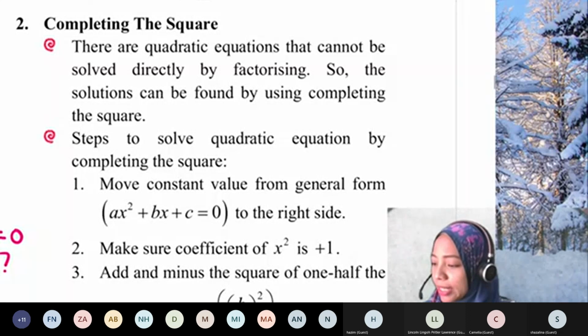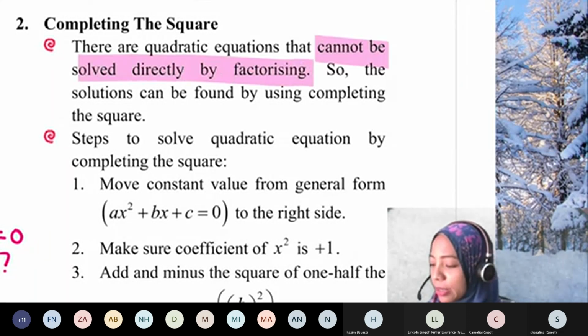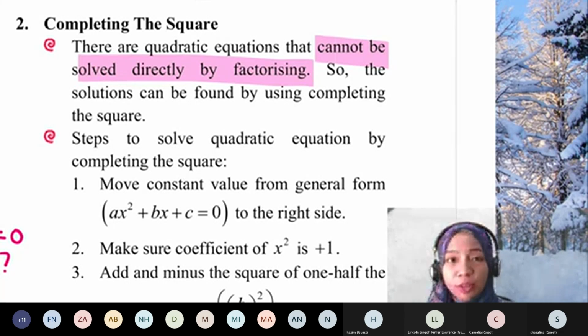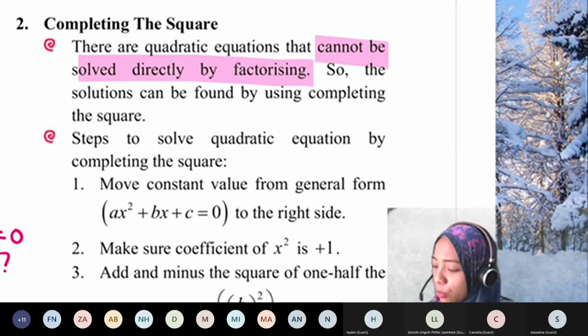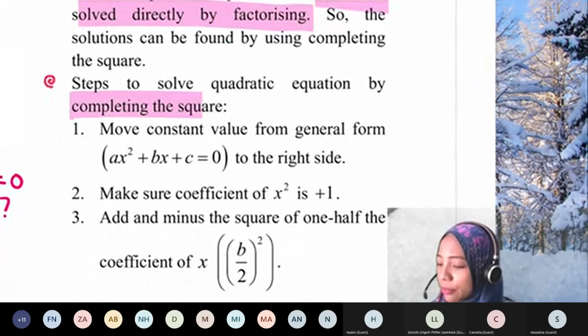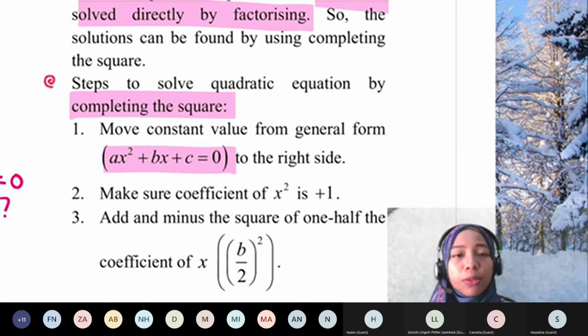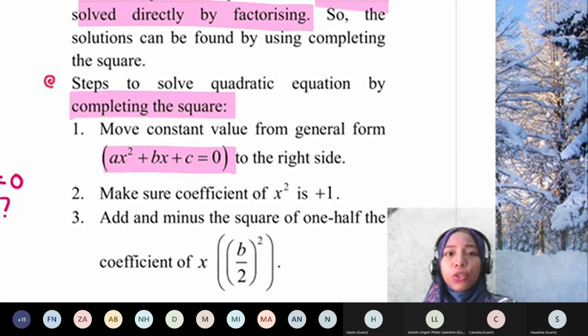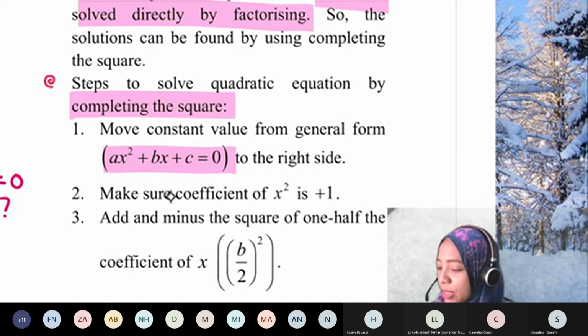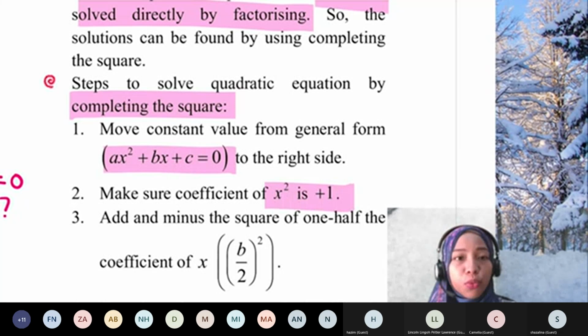Because some of the equations cannot be solved directly by factorizing. So the solution cannot be found. Okay. So apa yang you buat adalah step untuk completing the square. Yang pertama adalah dapatkan in the form of ax square plus bx plus c equals to 0. And then yang kedua adalah make sure coefficient of x square is equals to 1.